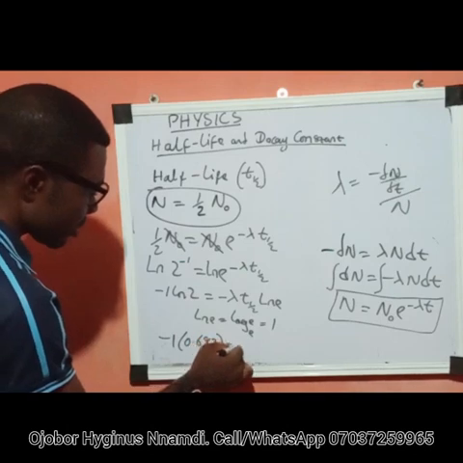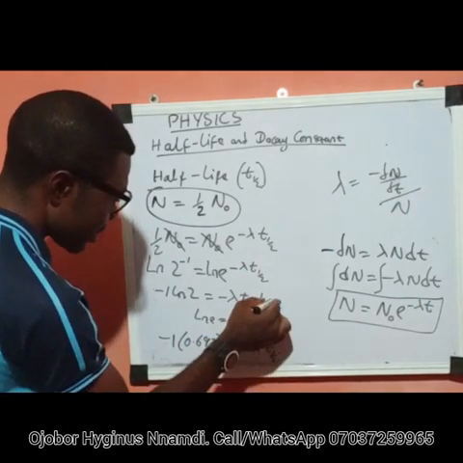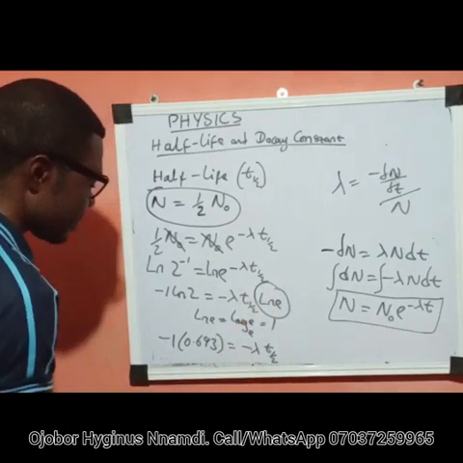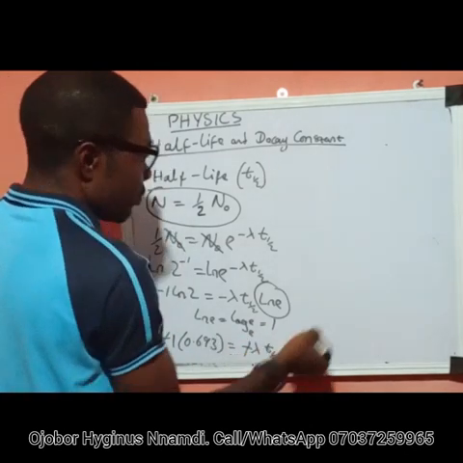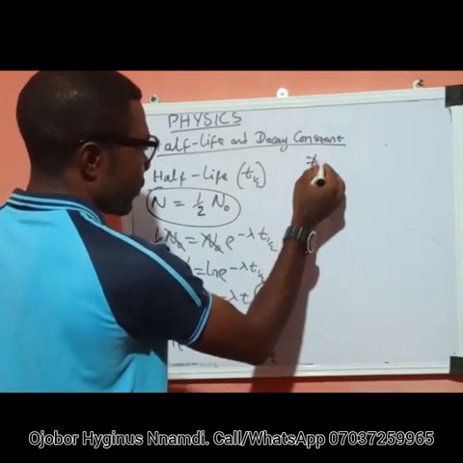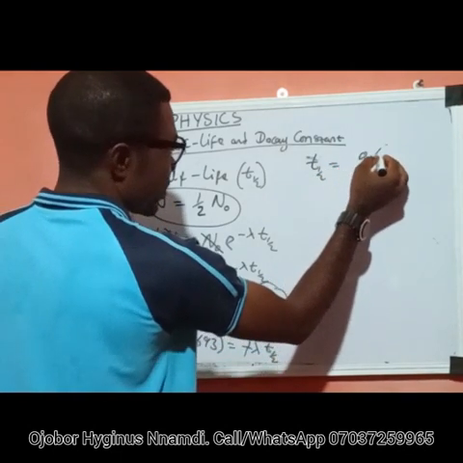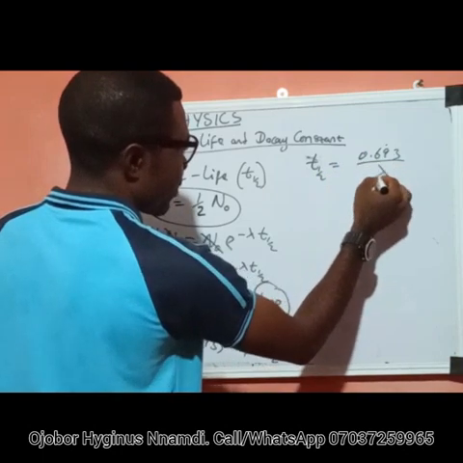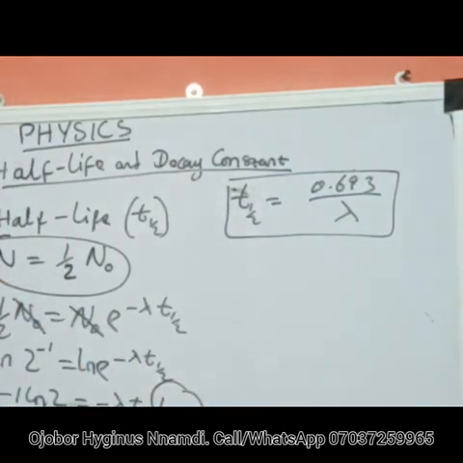And then it is equal to minus lambda half-life, because this ln e is equal to 1. The minus here will cancel the minus here, so that if we make the half-life the subject of the formula, we'll have 0.693 over decay constant. So this relationship between half-life and decay constant: the half-life is equal to 0.693 over decay constant. We use this formula to determine that.